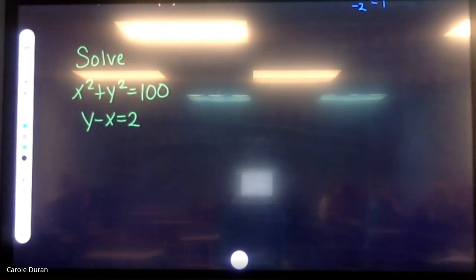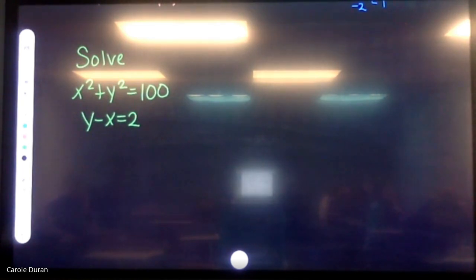As I'm looking at this, substitution is definitely the way that I'm going to go. So I need to get that bottom equation solved for one variable. I choose the bottom one because it's just x and y. There's no square there. So it's going to be the easiest to isolate.